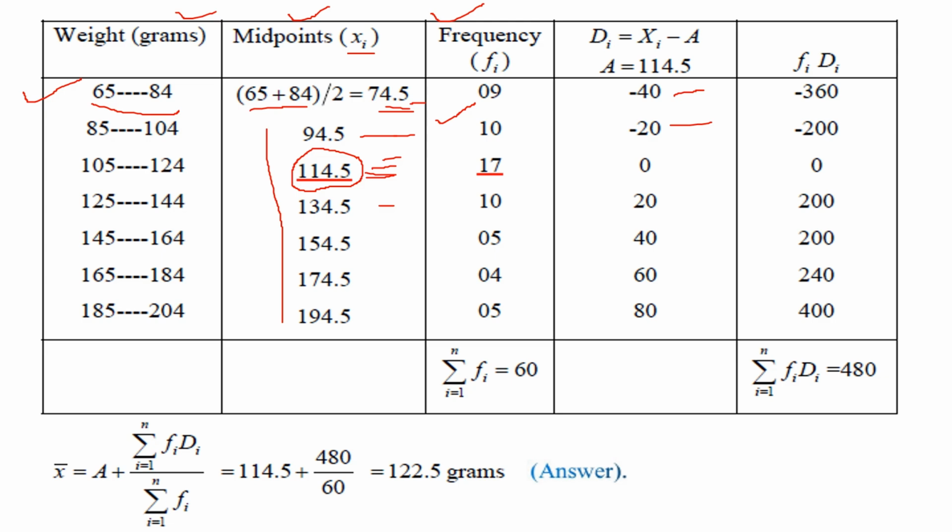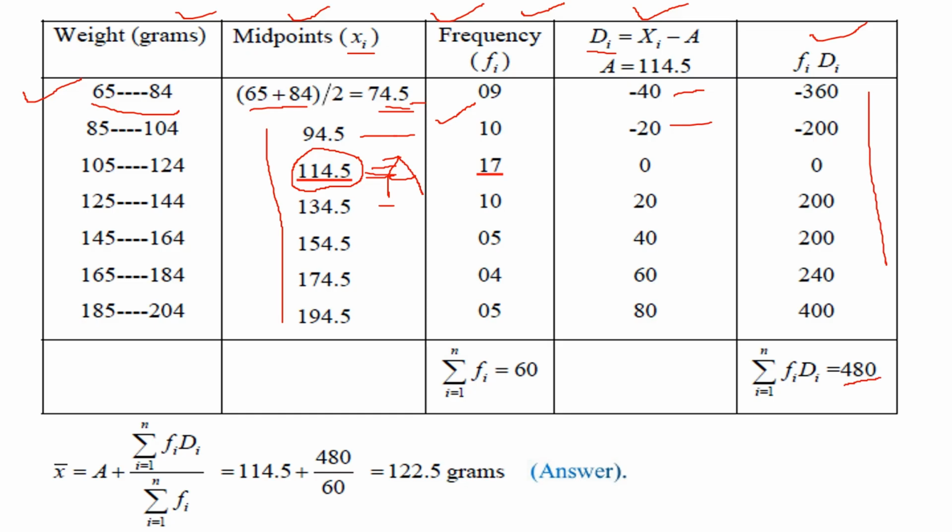We call this di, the deviation from the assumed mean. This 114.5 is called the assumed mean, denoted as A. Then the same thing, we multiply di and fi, the frequencies, which becomes fi di, and take the sum of this column.